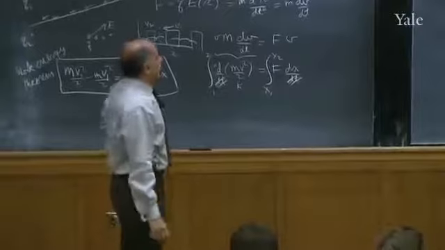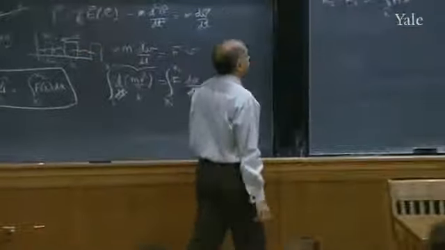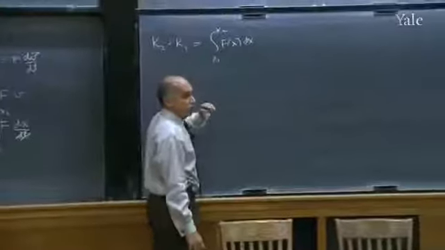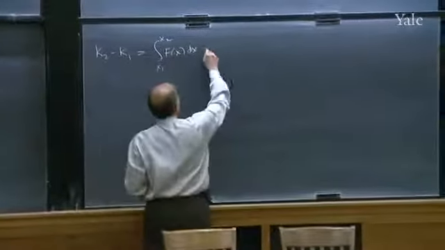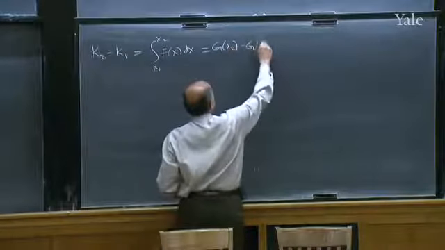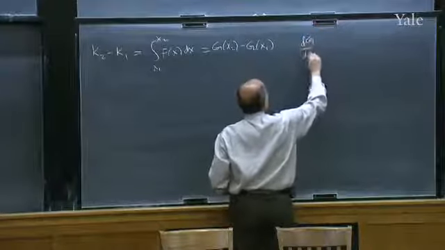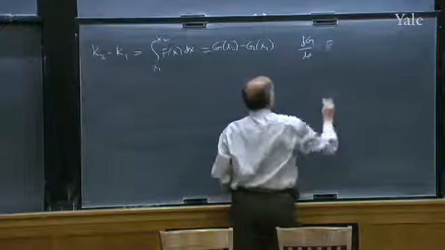Now, it's a fundamental result in calculus that the integral of any function of x from the point x1 to the point x2 can be written as g of x2 minus g of x1, where g is any function whose derivative is the f I'm integrating.